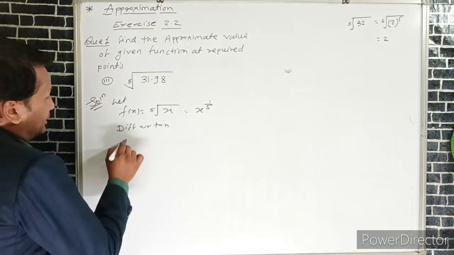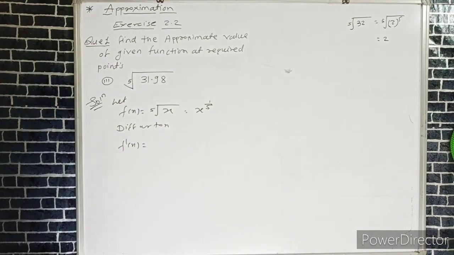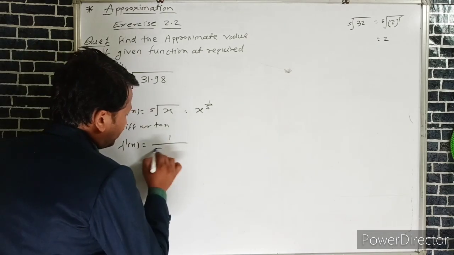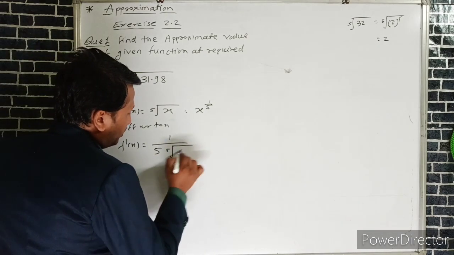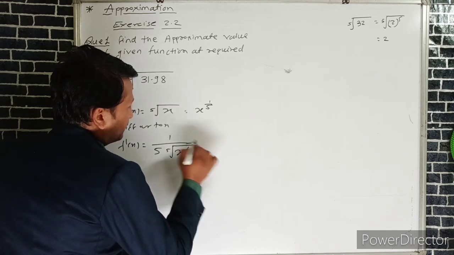If we differentiate with respect to x, then the derivative f dash of x is 1 by 5, x raised to the power minus 4 by 5, or we can write 1 upon 5 into the fifth root of x raised to the power 4.